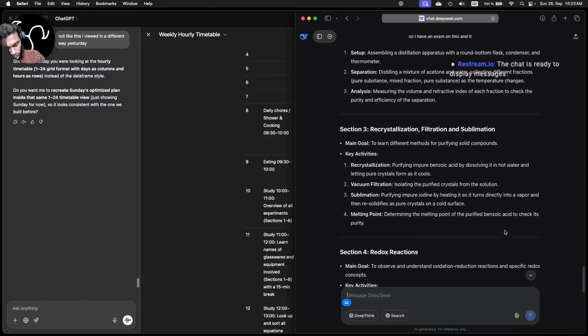Vacuum filtration: isolating purified crystals from the solution.